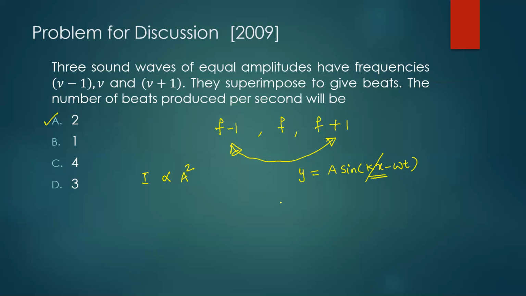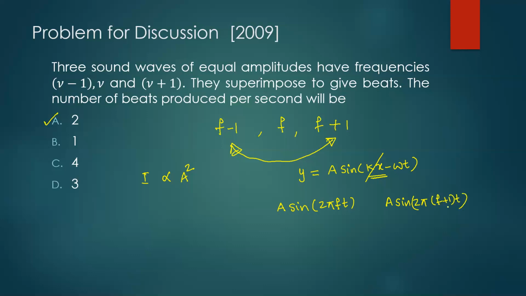The middle wave could be A sine 2 pi f t. The other one will be A sine 2 pi (f plus 1) t.